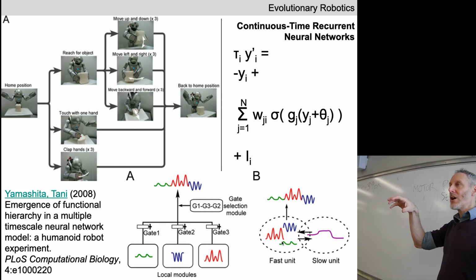These fast neurons can be pushed by other neurons into the blue behavior, or the same neurons can be pushed into the red behavior, and the same neurons can be pushed into the green behavior. Pushed by whom? Pushed by the Eeyore neurons, the slow neurons over here in this set.